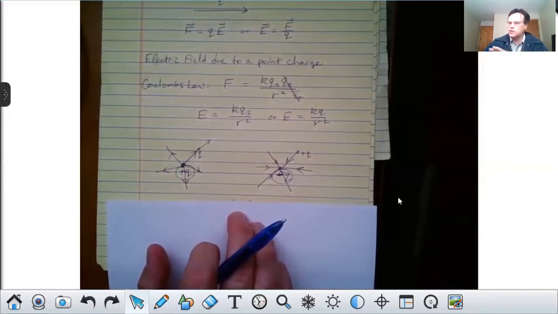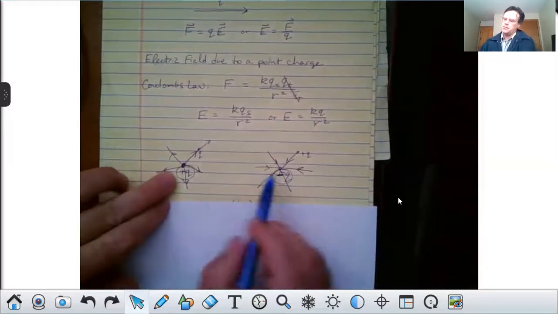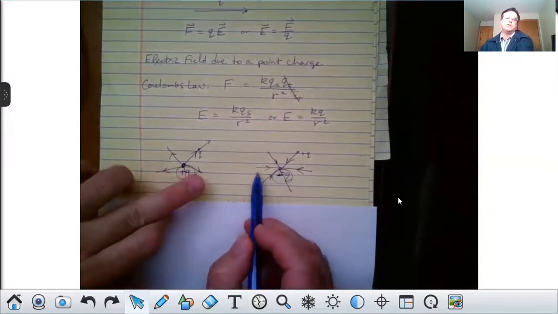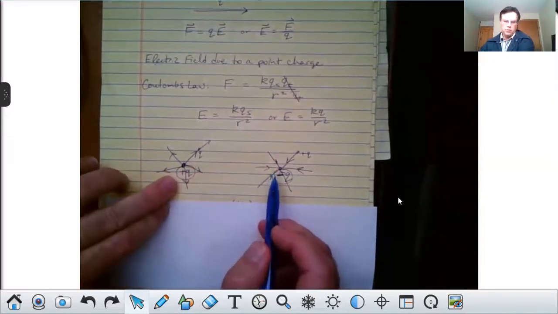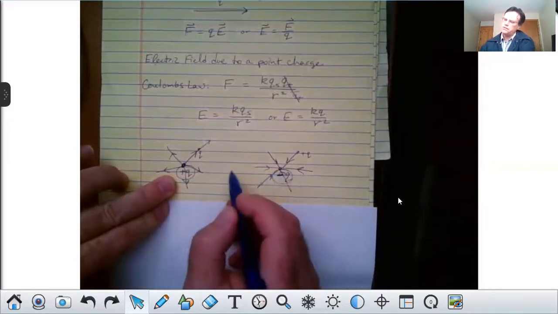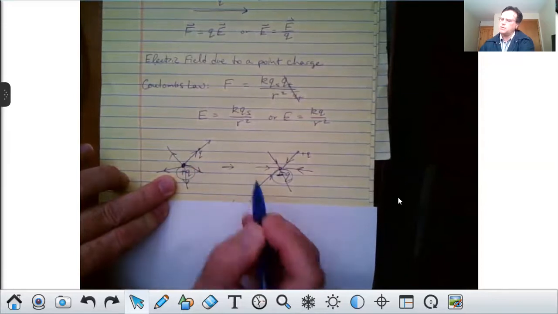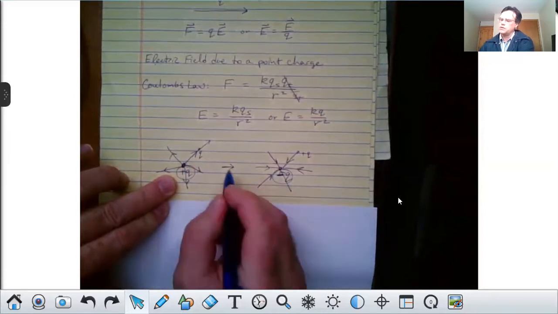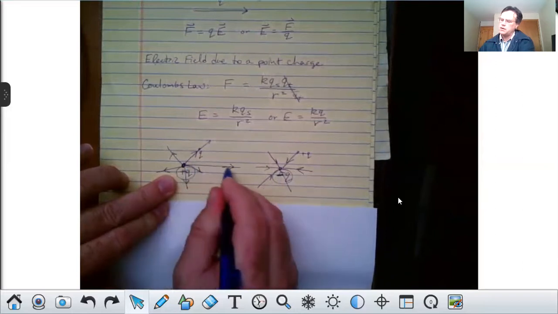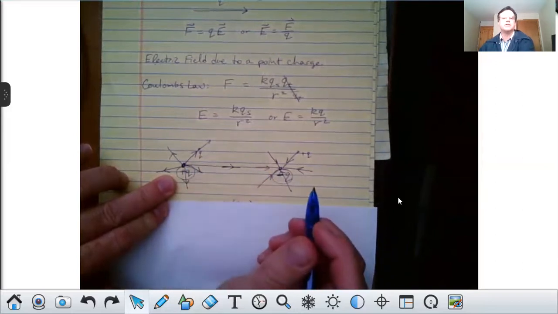I could put a bunch of charges, or let's say I wanted the net field from these two positive and negative point charges. So what if I wanted the net field directly between them, right? Well, the electric field from the positive charge would be pointing to the right. So with the negative, maybe you could draw a field line going straight across.